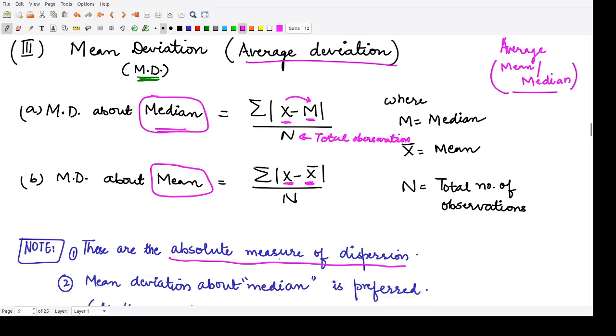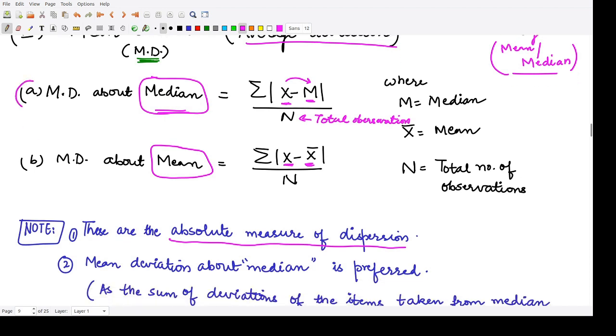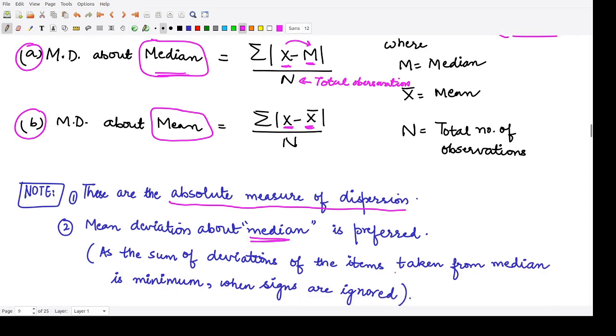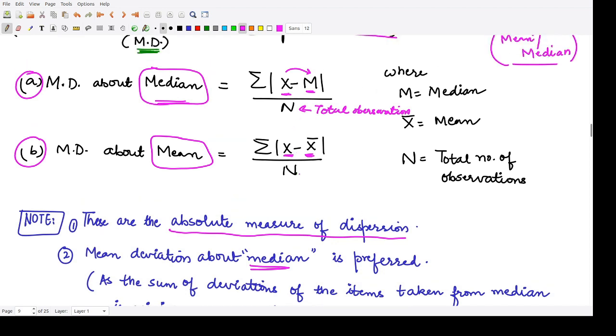Moreover, out of these two formulas, mean deviation about median and mean deviation about mean, mean deviation about median is preferred. Why? Because the sum of deviations of the items taken from median is minimum when signs are ignored. In this case, we are ignoring the signs because we are performing this modulus operation here.